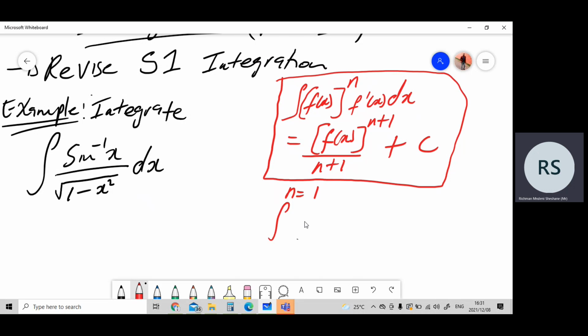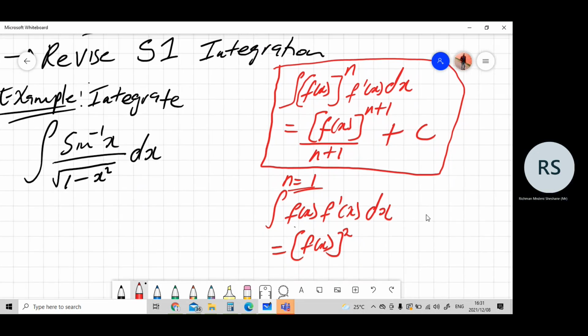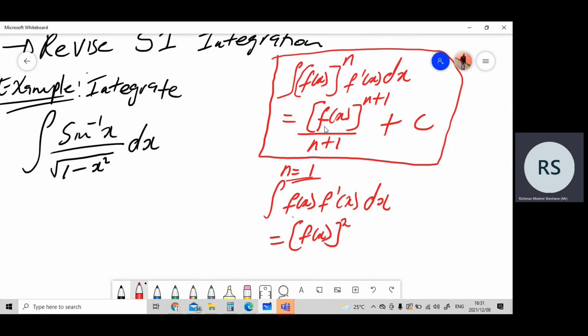It will be the integral of f of x to the power of 1, because n is 1, times f prime dx, and then the integral will be f of x to the power of n. We said n is 1, right? So it would be to the power of 2 if we substitute 1 here. 1 plus 1 is 2, over 1 plus 1, which is also 2, plus c.